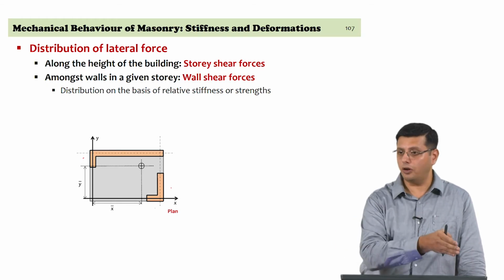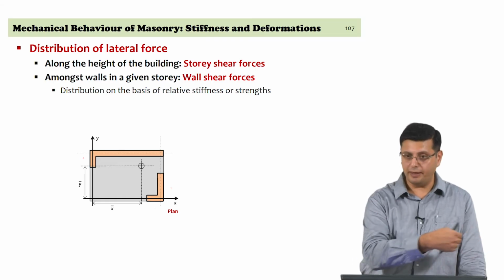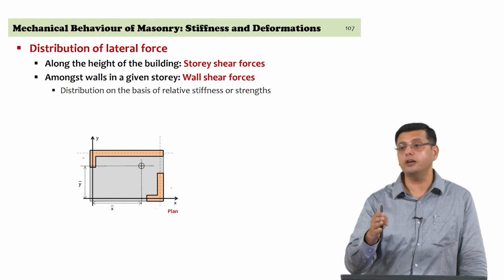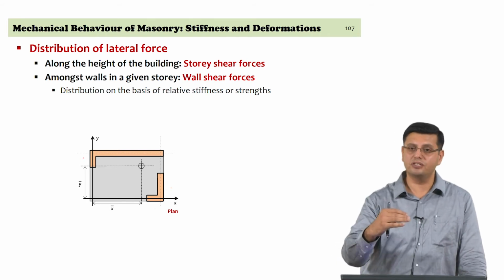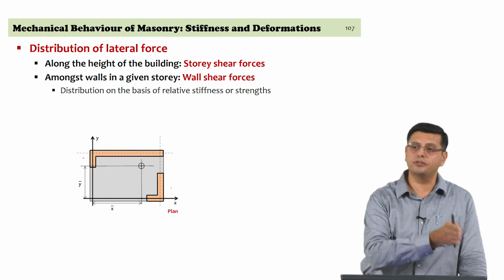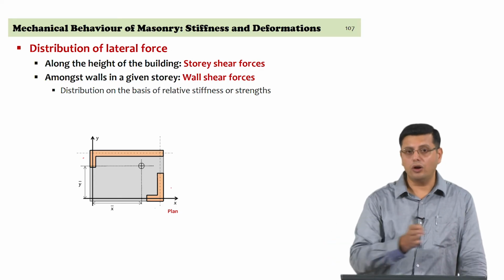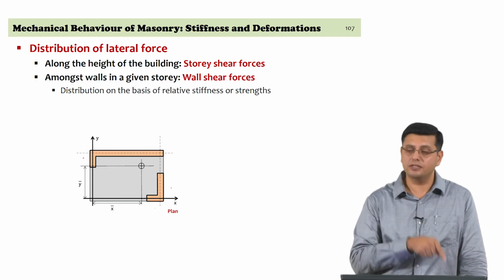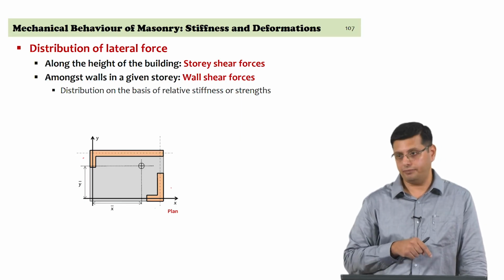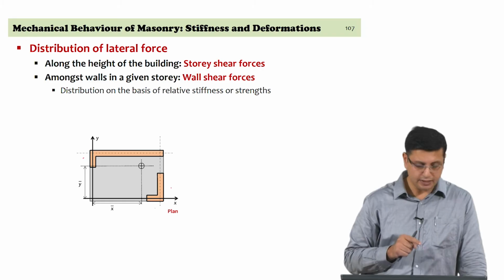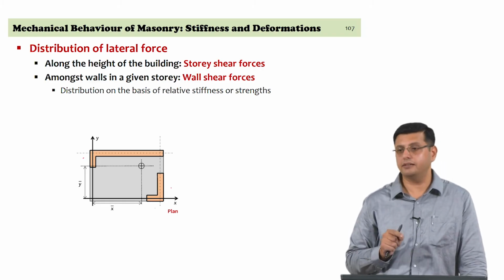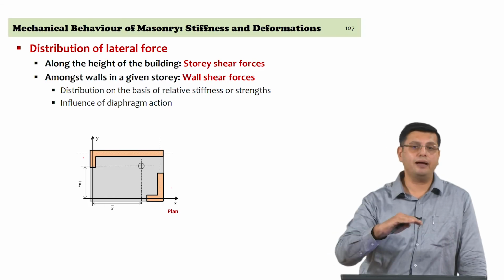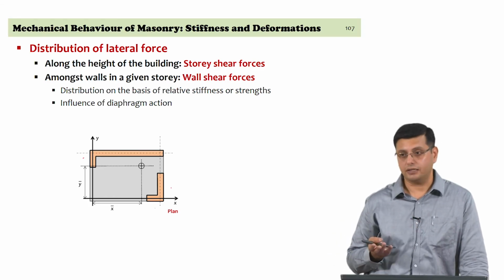Strength is something you will be able to estimate based on the previous lectures, which focused primarily on strength. But this shear force demand on a story is going to be distributed to the walls based on their relative stiffnesses. So, you need an estimate of the stiffness of each wall in a story. However, this is completely going to be affected by whether or not you have diaphragm action in the structure.